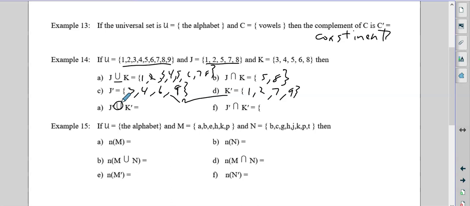That's a horrible brace, one of my worst. We have 1, 2, 3, 4, 6, 7, and 9. That is the combination of what's in J complement and K complement. Now, what's the intersection of those two? What's the only thing common? Simply 9.